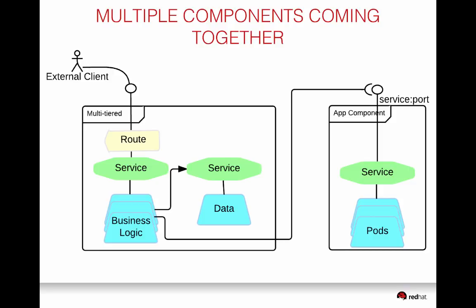And then your application components can talk to each other. Your multi-tiered app can talk to another application component running on OpenShift, right? And it exposes its route. So this is how your applications come together, your services come together, right? This is how things run on OpenShift.